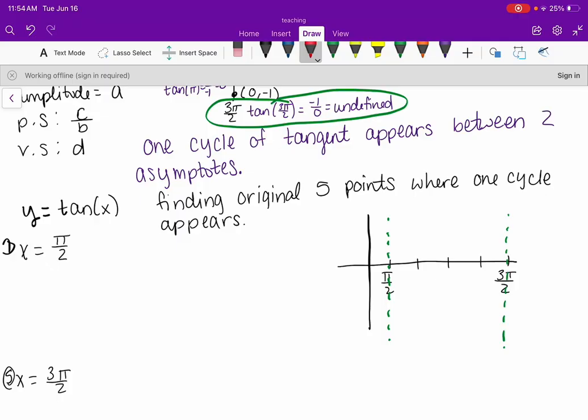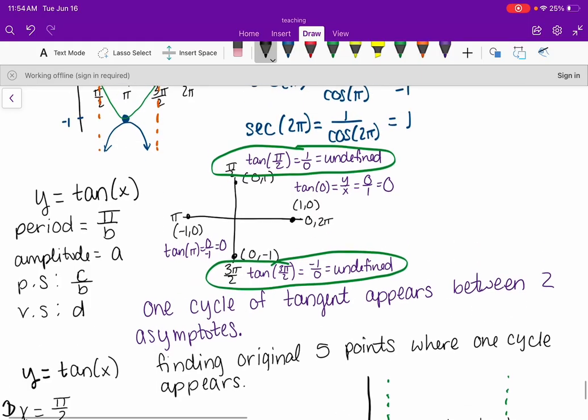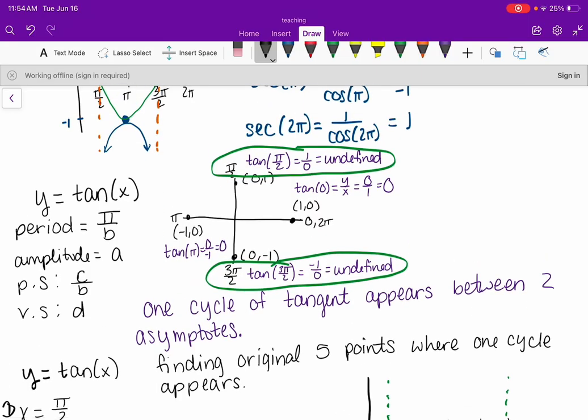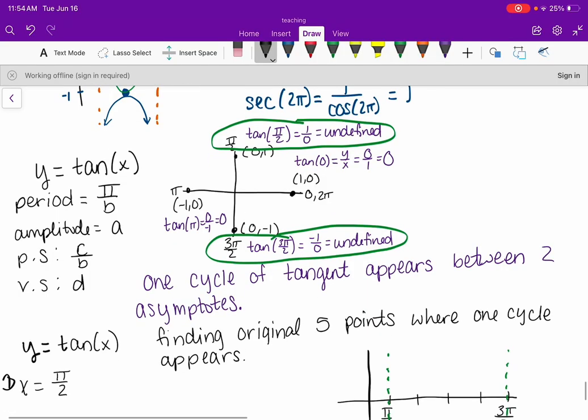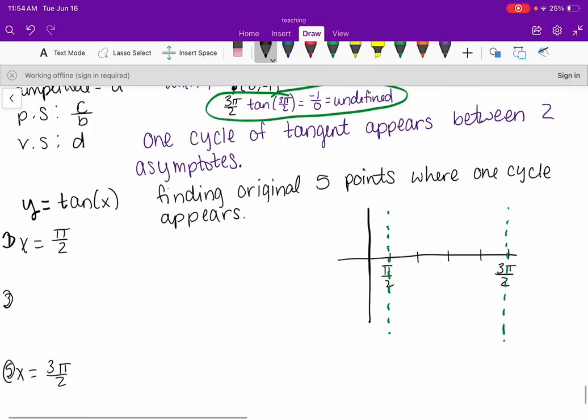Now remember, I've told you this before, but the x values are always equally spaced. So if we look for the value right in the middle of pi over 2 and 3 pi over 2, I'm going to come up here to my unit circle. Can you think for a moment, what is directly between pi over 2 and 3 pi over 2? You can pause. The answer would be pi.